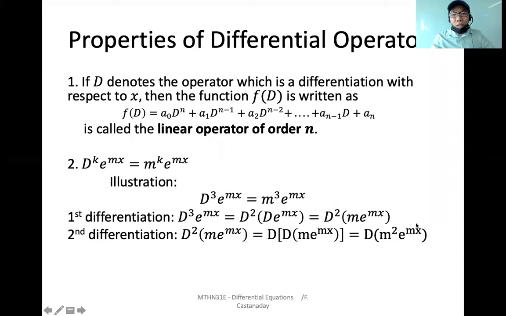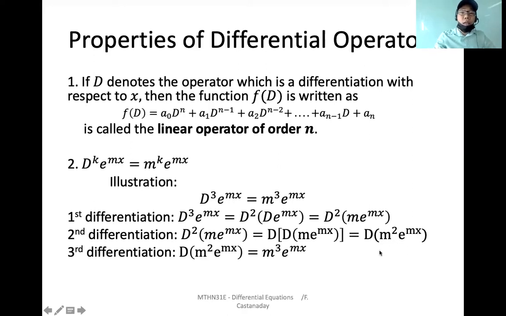Now, if you multiply m and m, it will become m squared. So this is now the resulting expression. And then finally, differentiating for the third time, just copy m squared, and then differentiate e raised to mx. You copy e raised to mx and then differentiate mx. You have m. M times m squared is equal to m cubed.